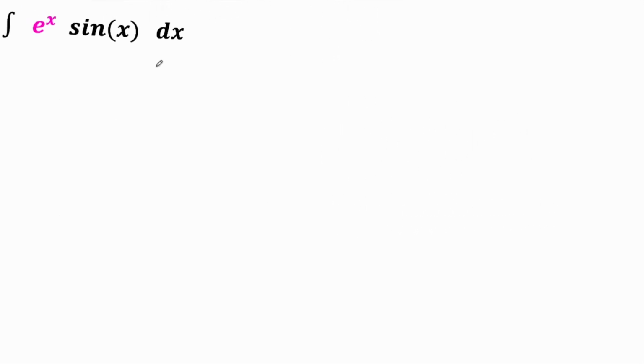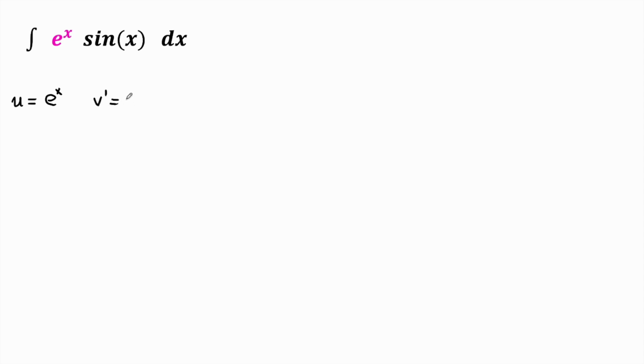Here's another example. To evaluate this integral, let u be the exponential function e to the x, and let v prime be the trigonometric function sine x. Then u prime is the same function e to the x, and the antiderivative of sine is negative cosine x.